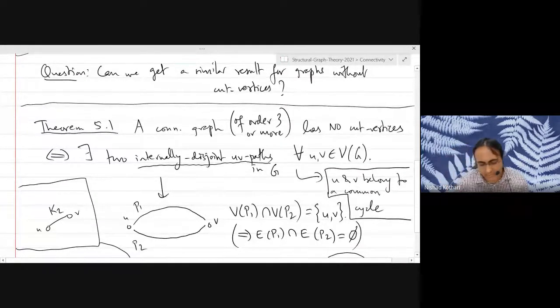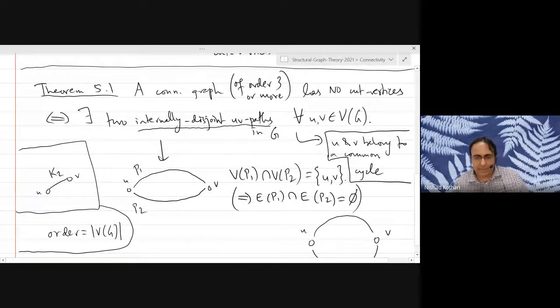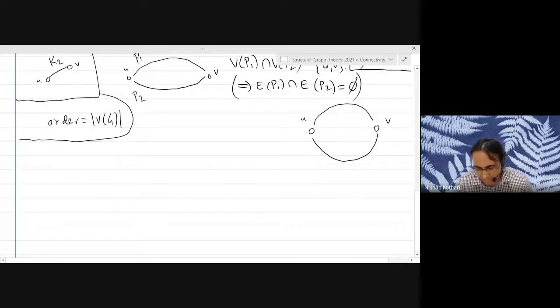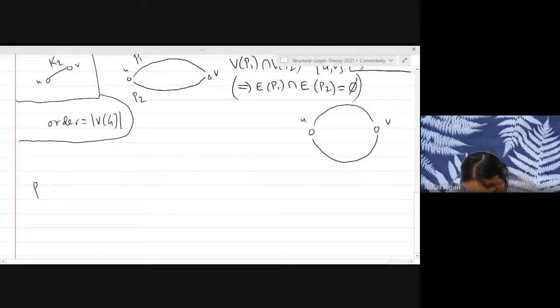Of course, the reason we are defining internally disjoint paths is because we are going to use that later. Not just for two paths, but we will use it for 3, 4, and so on. It's only the 2 case which is the same as being on a cycle. Okay? Good. So, let's prove this statement.